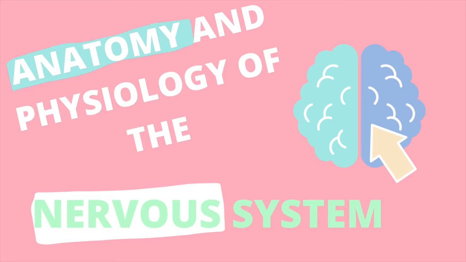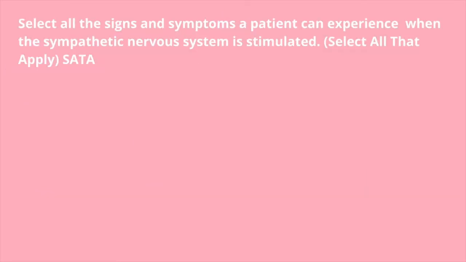So let's start this review of the nervous system with this question. Select all the signs and symptoms a patient can experience when the sympathetic nervous system is stimulated. Select all that apply. So this is a SATA question.